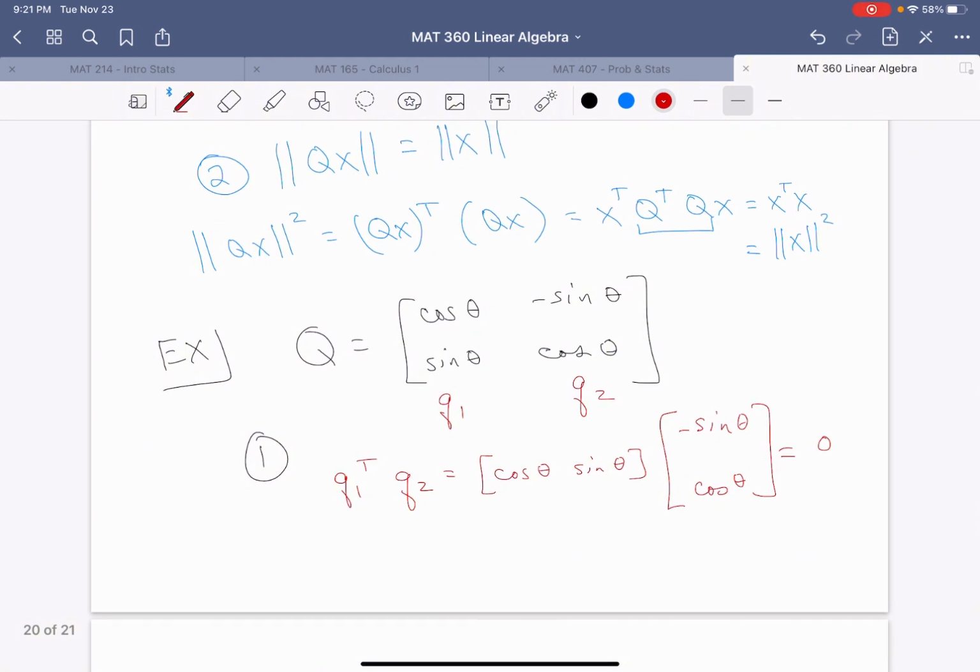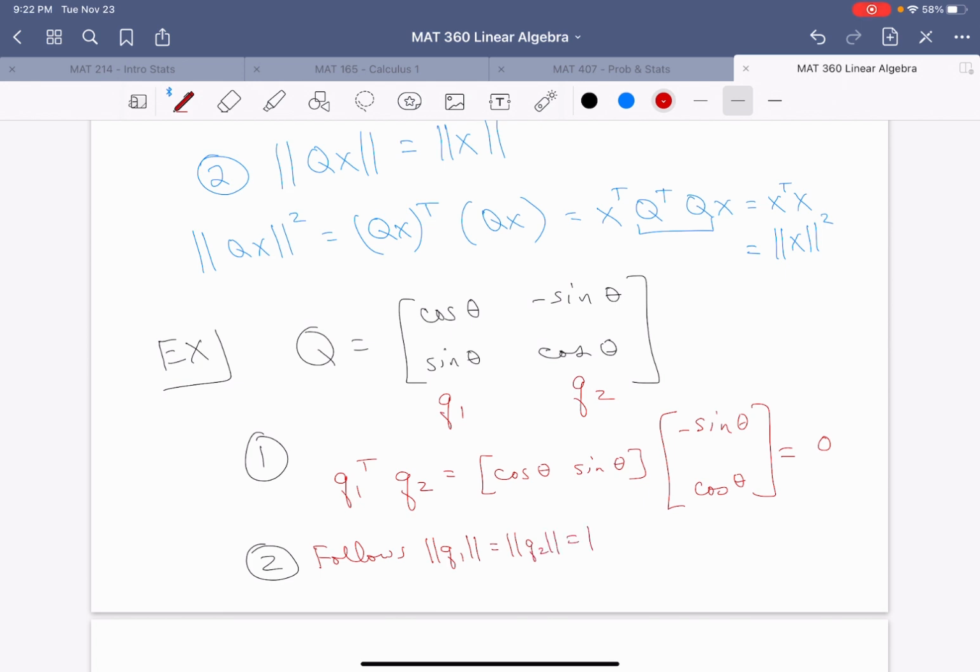And then, what's the second thing we have to check? Well, remember that to ensure that this is an orthogonal matrix, we also have to verify that each column has unit length. So the norm, the length of Q1 is equal to the length of Q2 is equal to 1.